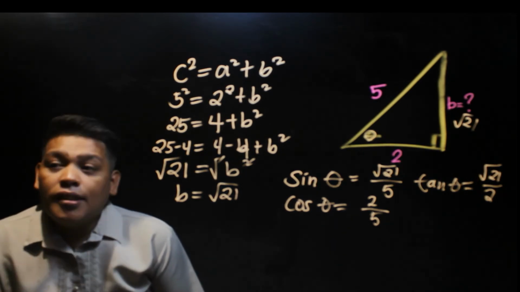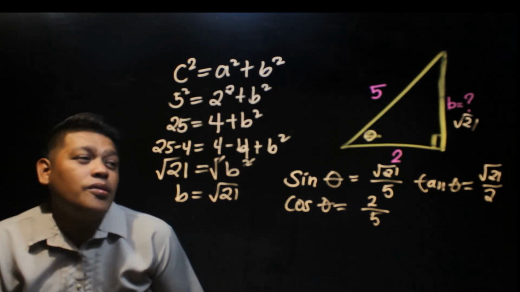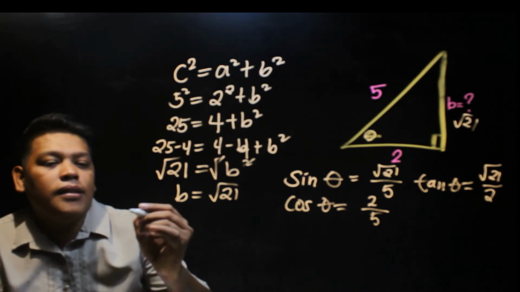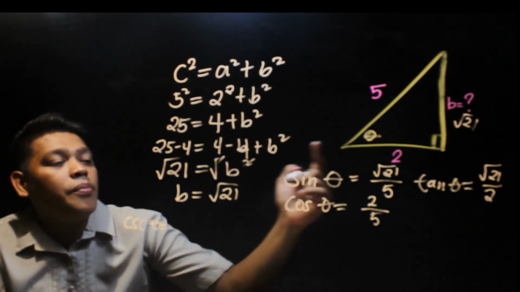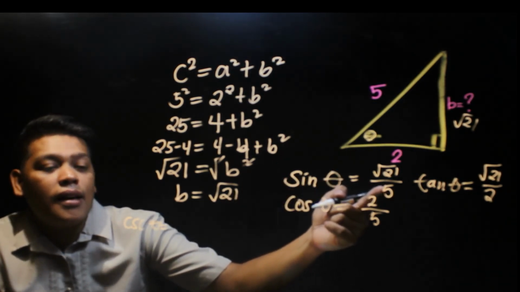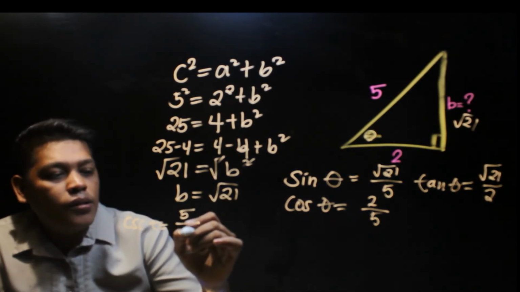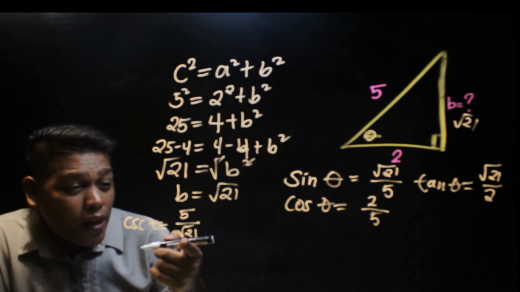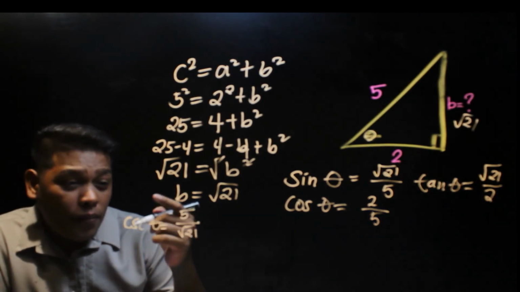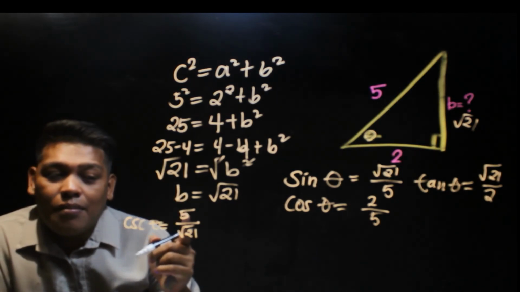The three other trigonometric ratios: cosecant theta is the reciprocal of the sine theta, so 5 over square root of 21. But we don't want a square root of 21 in the denominator, so we rationalize the denominator.